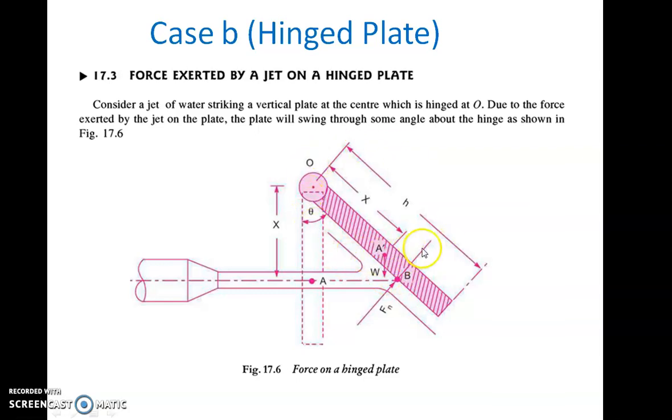Again OB is nothing but, it is again angle theta and x relation is there. So OB will be nothing but x upon cos theta. So W into x sine theta will be equal to Fn, which is in the anti-clockwise direction, Fn into OB, which is x upon cos theta.